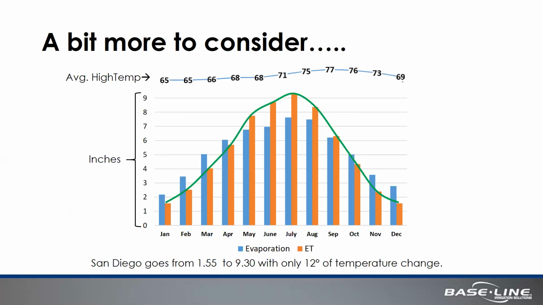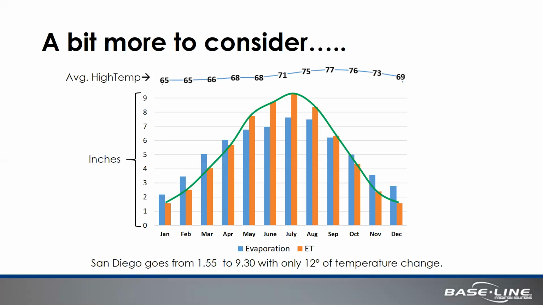A little bit more to consider when we look at an ET equation, and as we're looking at historical ET versus real-time ET, is if the historical ET bell curve is followed, we also have some pretty dramatic increases that can happen with minimal inputs.